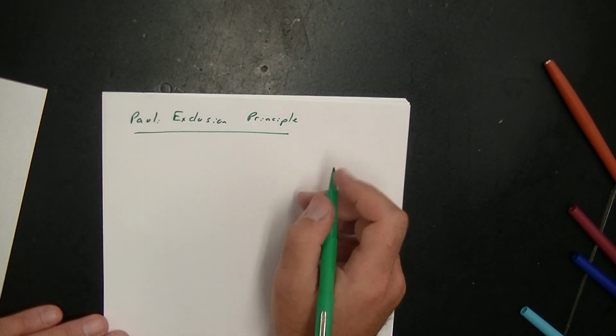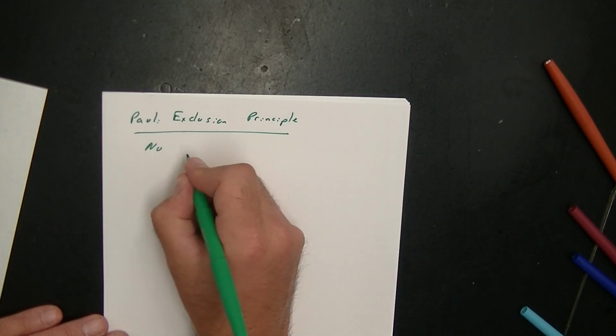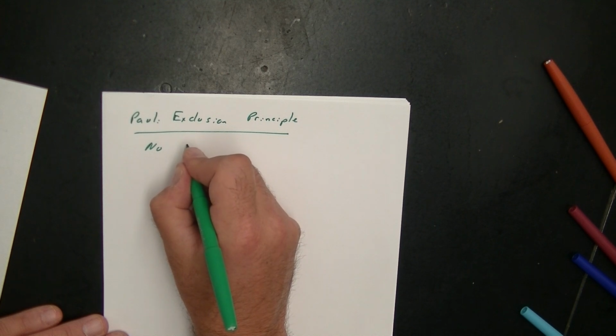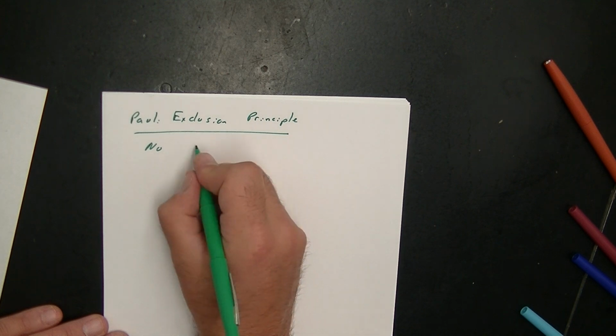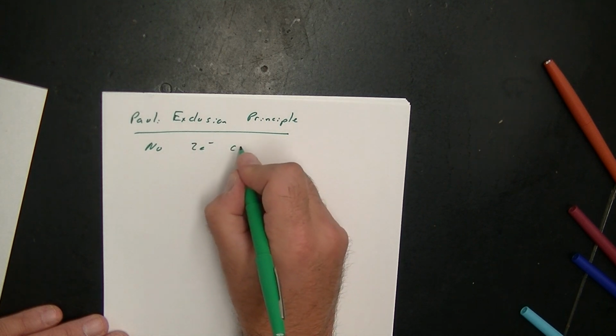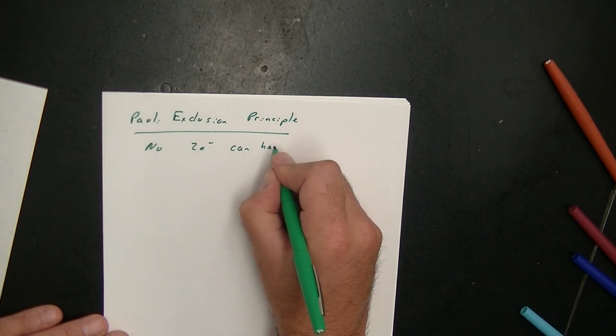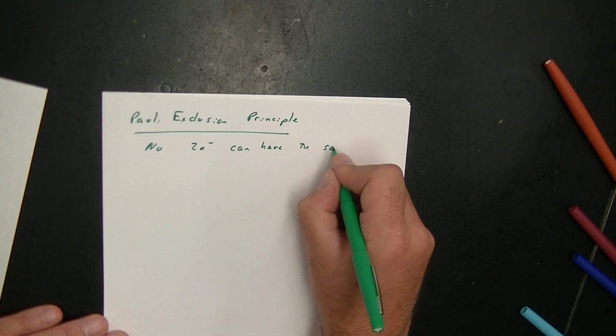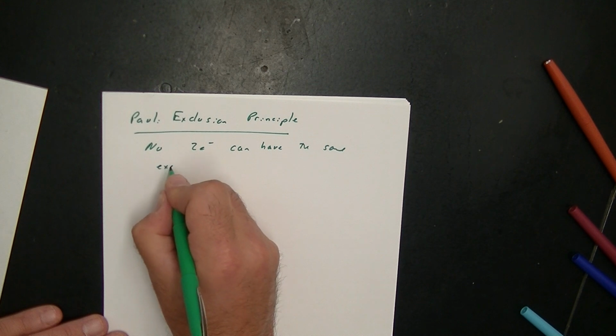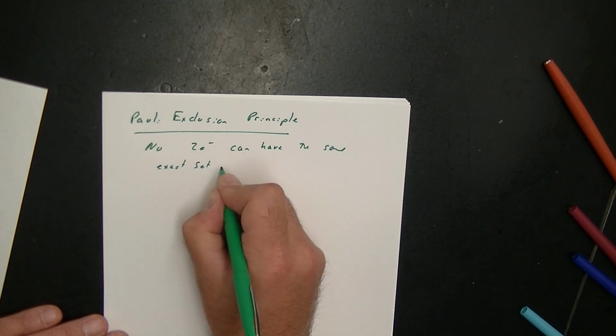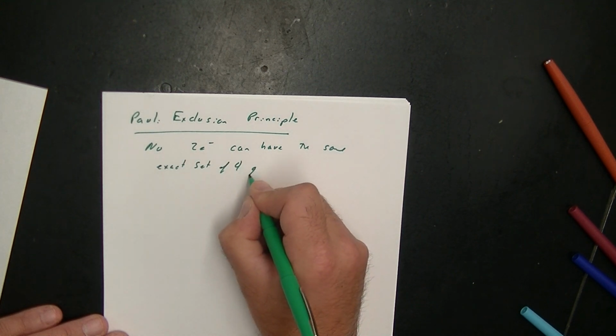What the Pauli exclusion principle says is that no 2 electrons can have the same exact set of 4 quantum numbers.